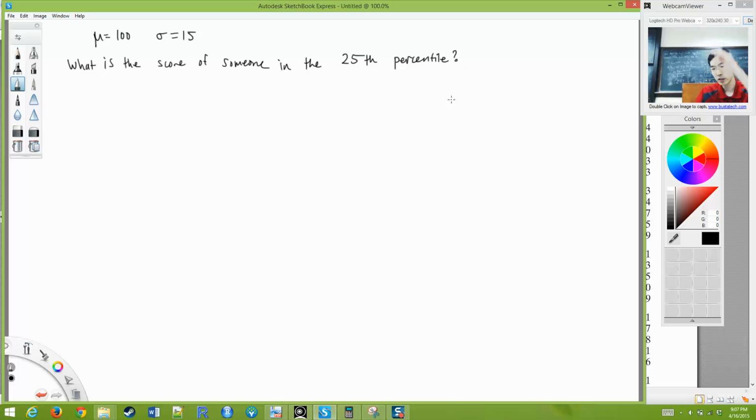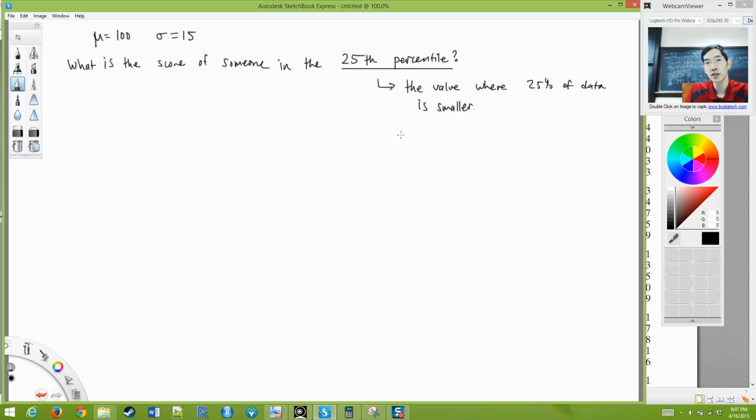Are you guys familiar with percentiles? The 25th percentile basically means the value where 25% of the data is smaller. The 43rd percentile is the spot where 43% of the data is smaller.